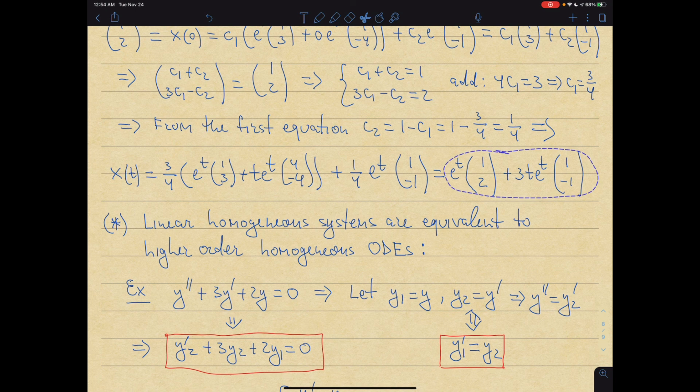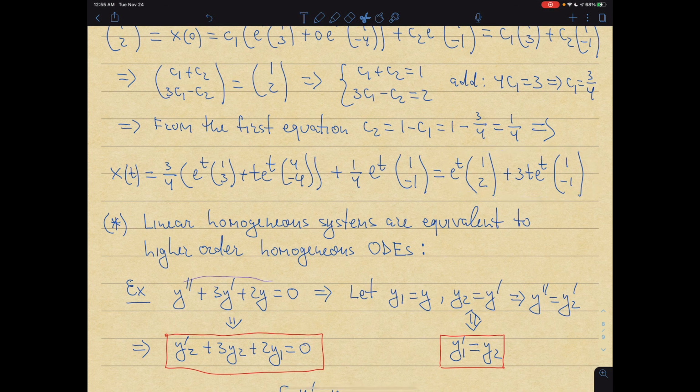I'm just going to demonstrate it using two examples. First, I'll take a second order linear homogeneous equation and show that it is equivalent to a system of two first order ODEs. Then I'll take a system of two first order ODEs and show that it is equivalent to solving a second order linear homogeneous equation.